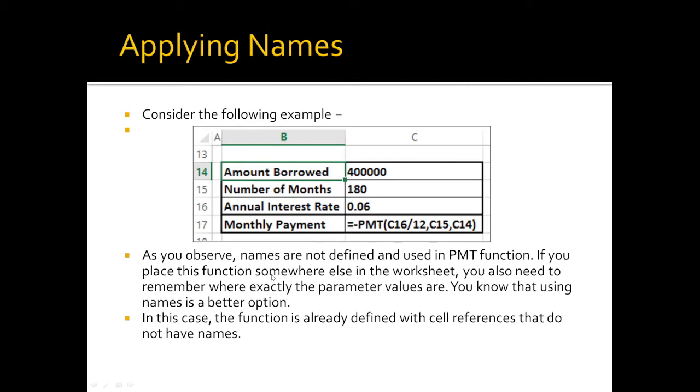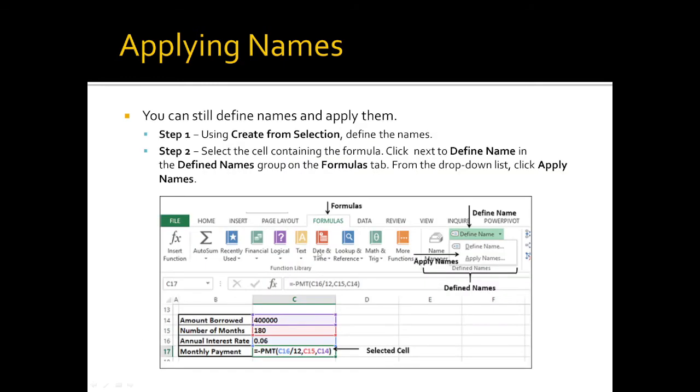You know that using names is a better option. In this case, the function is already defined with cell references that do not have names. You can still define names and apply them.